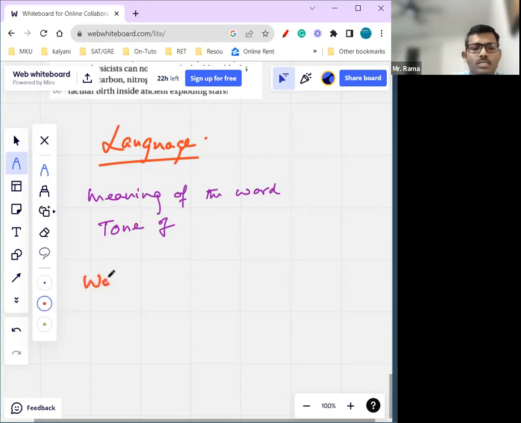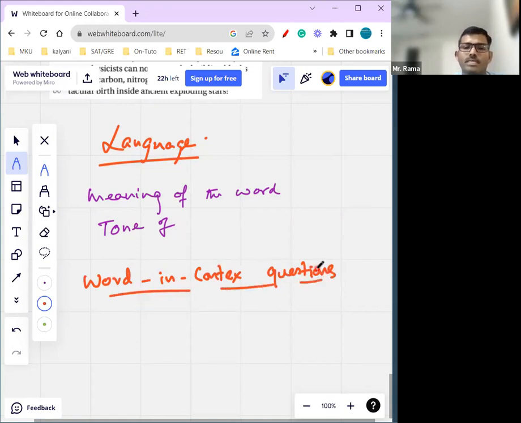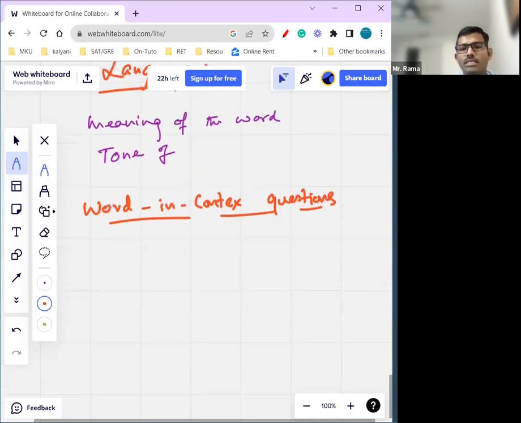How do we take care of these word and context questions? First of all, when you see these word and context questions, I'm going to put one question here quickly, so we can try to understand what this means, okay?